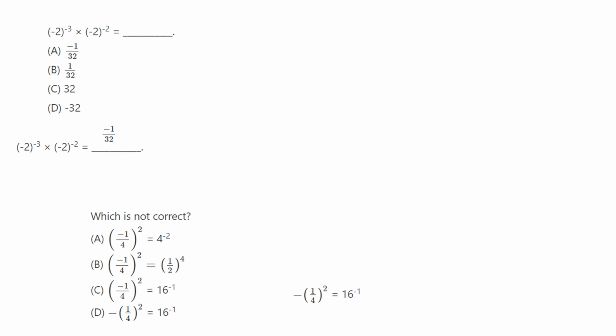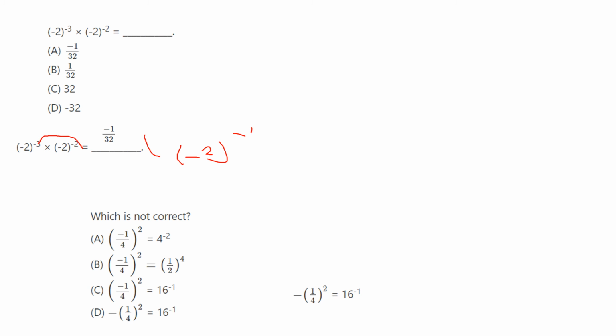Next one, minus 2 to the power minus 3 into minus 2 to the power minus 2. So you can add the powers: minus 2 to the power minus 5.